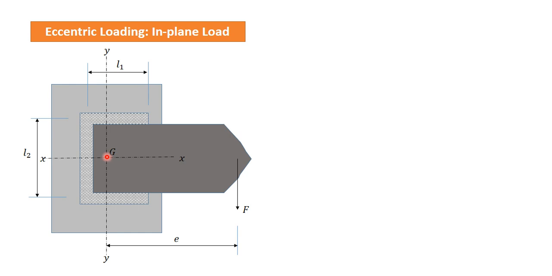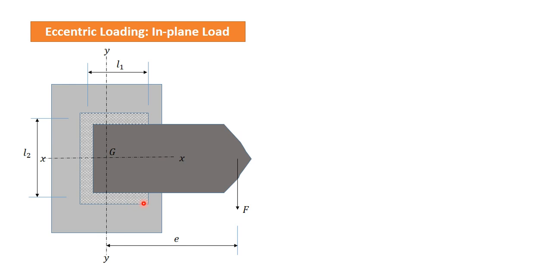It is important to explain that whenever we are designing any component, we have to find out the effect of load on that component. Here we are designing a weld, so we will see the effect of this load on the weld.